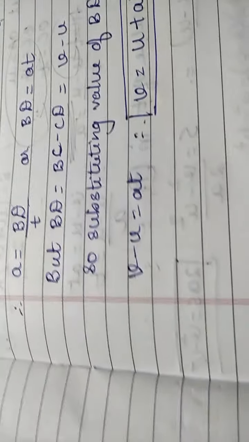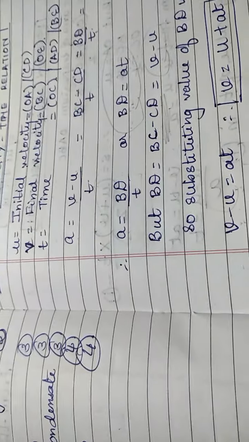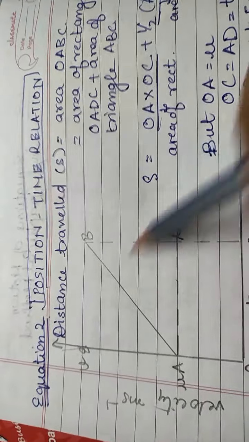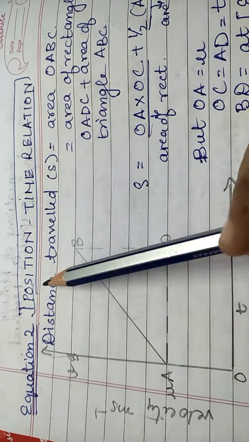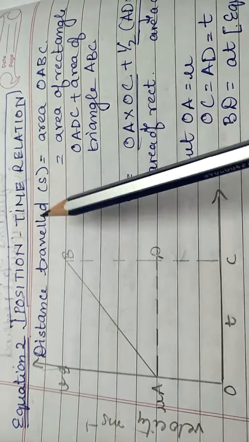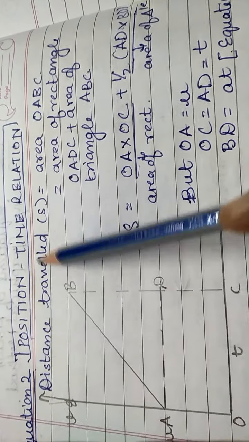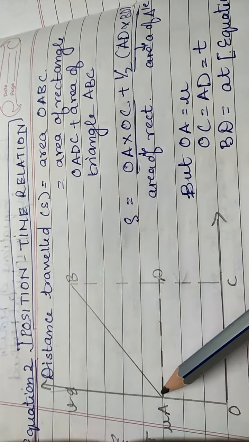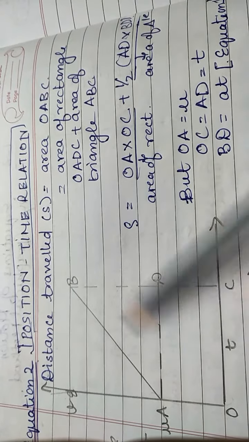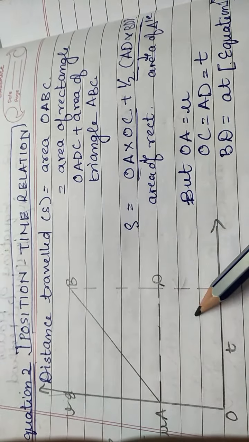Now we continue with the next equation. This is equation number 2, the position versus time relation. Here, the distance traveled s, if you remember the graphs, is the distance traveled by the body.